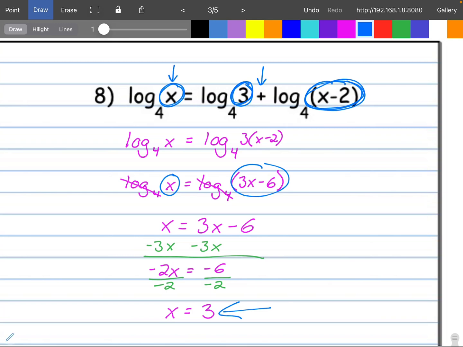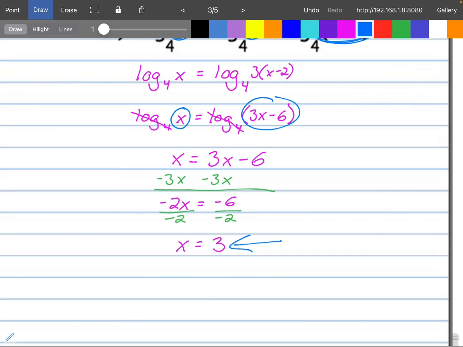If this is 3, well, that's taking the log of a positive number. Good there. Well, that's just a 3. There's no variable there, so I don't even need to worry about that one. And if I plug 3 in for x here, that would be 3 minus 2, which is a positive 1, and positive is good. Therefore, this answer is great.